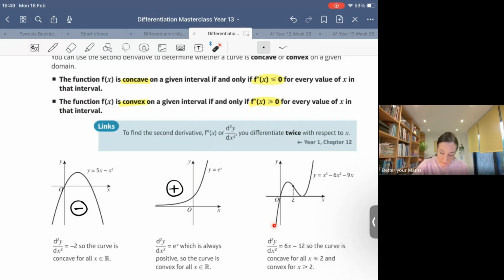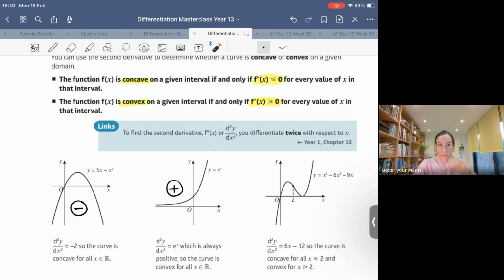So in this function here that we have, the function is concave up to here, and then convex from here. And this is a point of inflection. Remember I told you before, at a point of inflection the function changes from concave to convex, or the other way around.